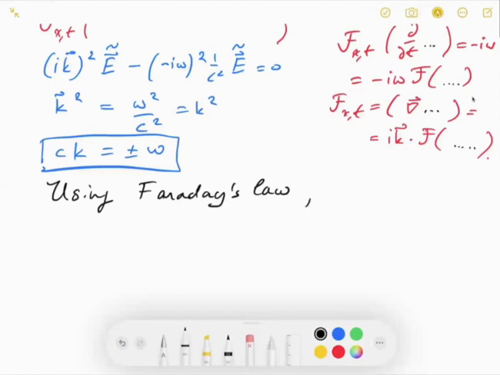Faraday's law, show that B is perpendicular to both K and E.